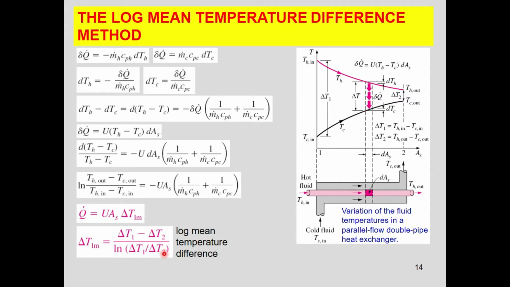This is known as the log mean temperature difference. This is the expression for the log mean temperature difference, which is suitable as the average temperature difference for use in the analysis of heat exchangers, where delta T1 and delta T2 represent the temperature difference between the two fluids at the two ends, such as the inlet and the outlet of the heat exchanger. It makes no difference which end of the heat exchanger is designated as inlet or outlet.